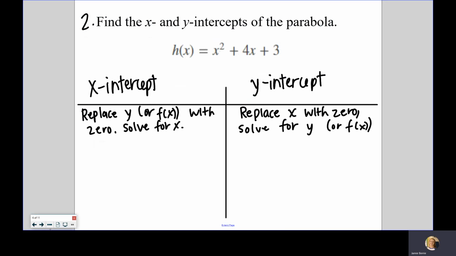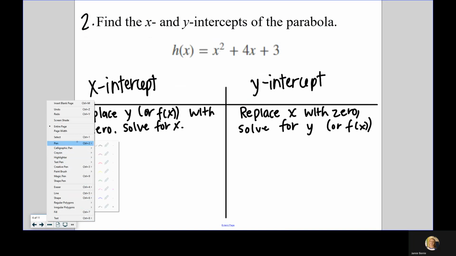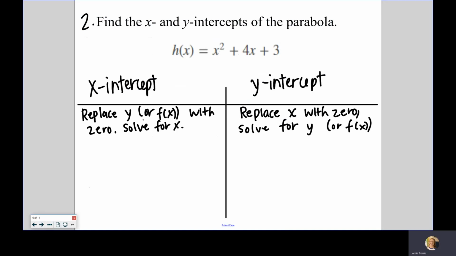All right, so let's find the x-intercept. So we're going to replace y, or f of x, in our case it's h of x, with 0. So we have 0 equals x squared plus 4x plus 3.